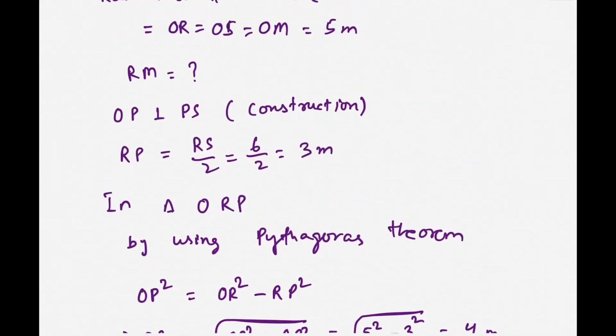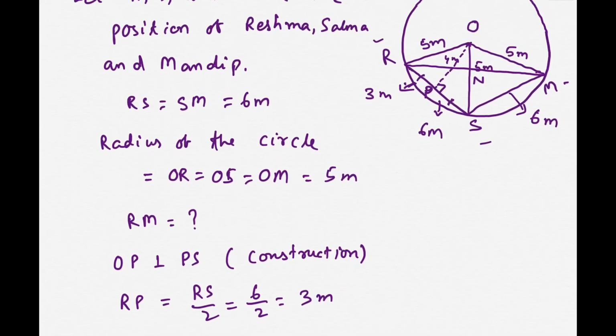Now let us shift our thinking to quadrilateral ORSM. Now look at ORSM, you can see OR is equal to OM and RS is equal to SM. That means it is a kite, right? ORSM is a kite.